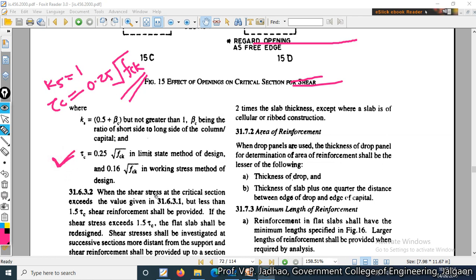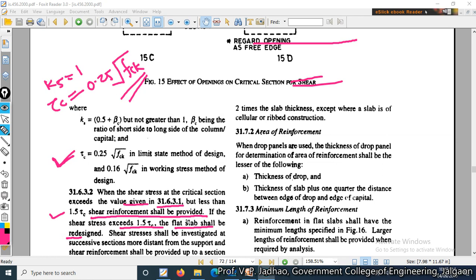At the same time we should also keep in mind that when the shear stress at the critical section exceeds the value given in 31.6.3.1 but is less than 1.5 tau c, then shear reinforcement shall be provided. If shear stress exceeds 1.5 tau c, then the footing shall be redesigned.